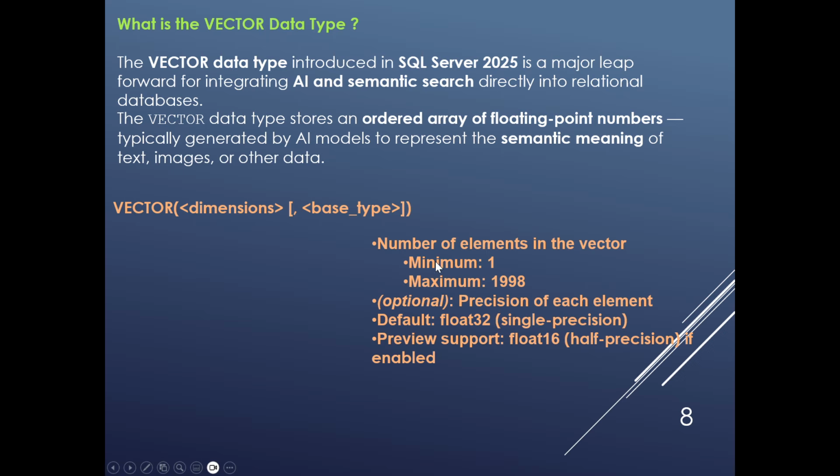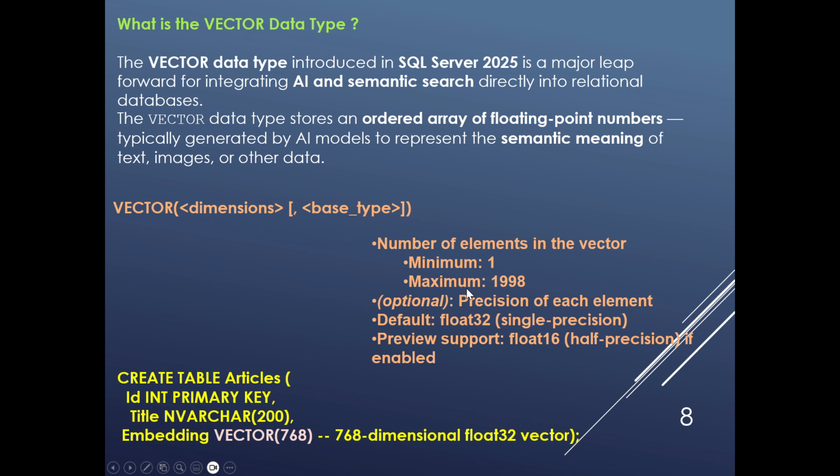We understand what a vector is. Now what is a dimension? Let's discuss all these things in the next slide, because it's an important aspect of vectors. Here is an example of how to create a table.